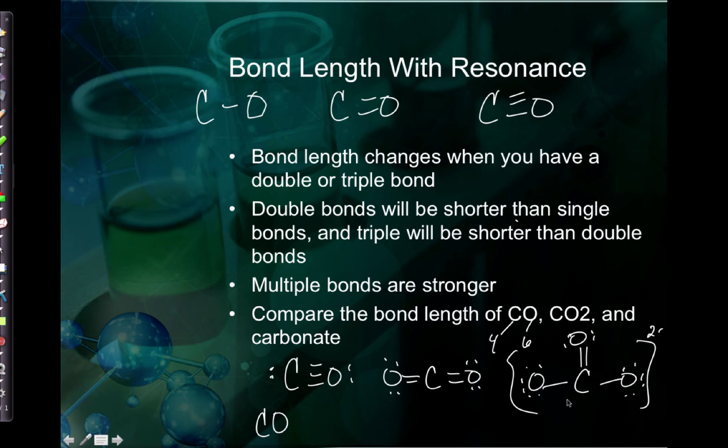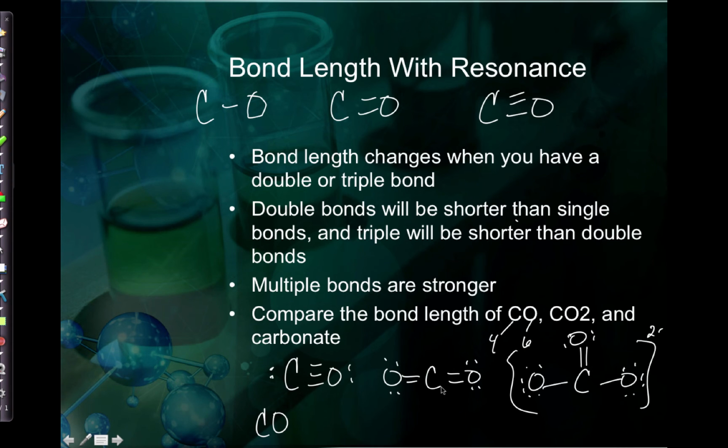They're moving around, so the bond length is going to be a little bit shorter than a single bond and a little bit longer than a regular double bond. So it's in between the single bond length and the double bond length.